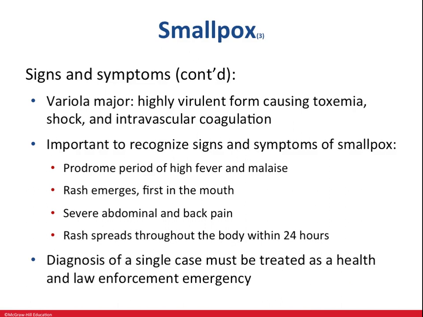So based on symptoms, we can divide the disease into variola major, okay. So this is a highly virulent form, causing toxemia, shock, intravascular coagulation, okay. So it can cause the patient's death, okay.